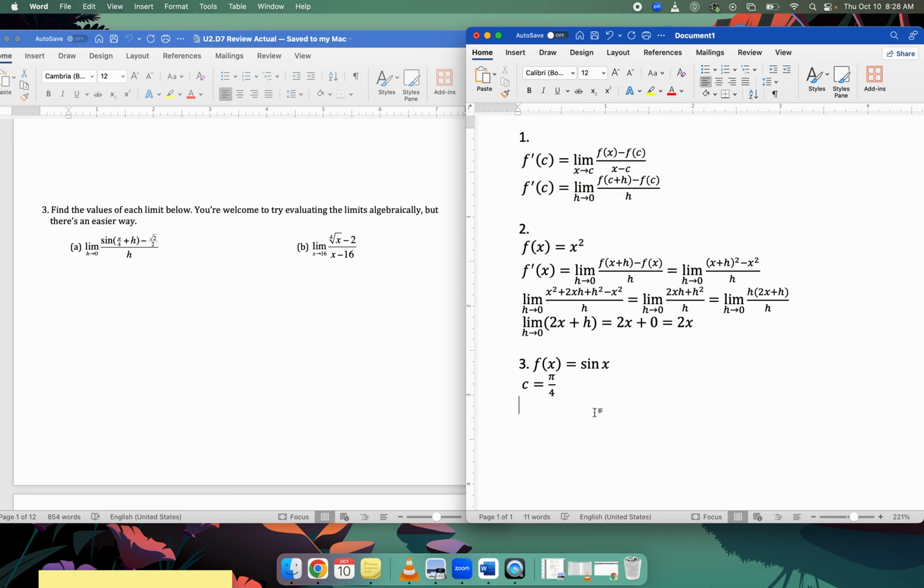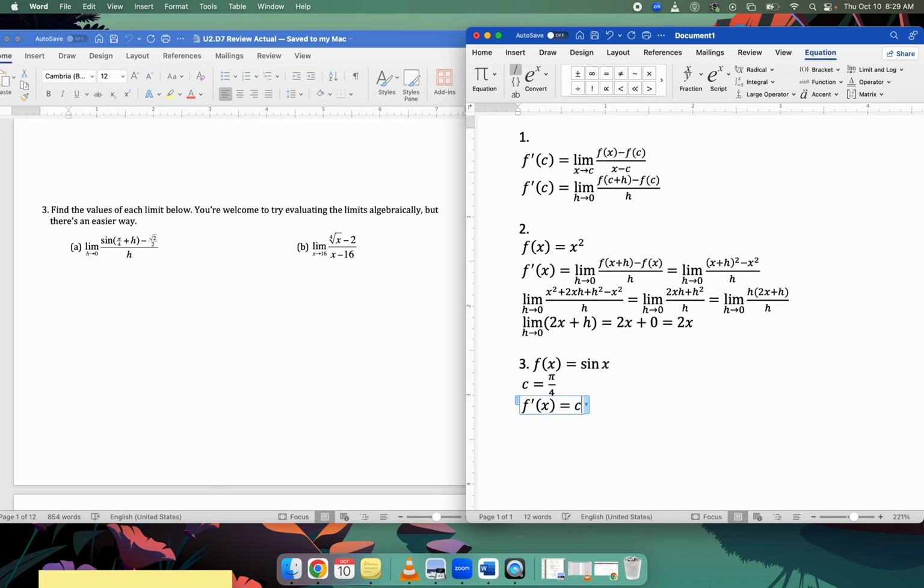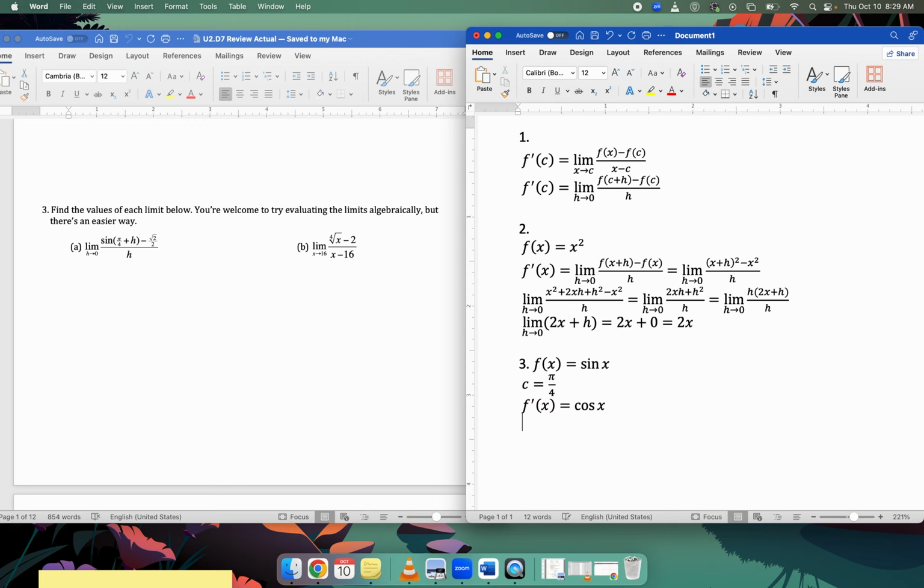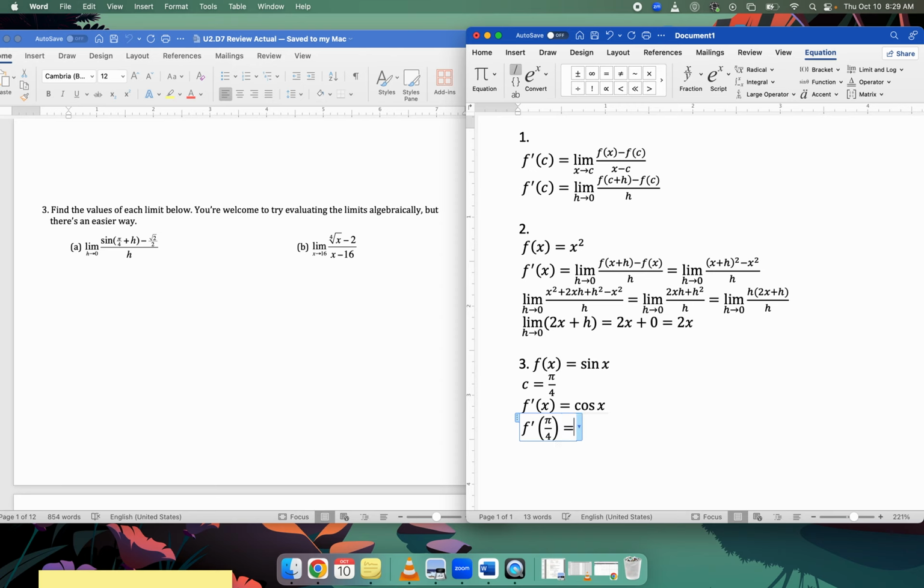I know the derivative of sine of x in general is cosine x. Therefore, the derivative at pi over 4 specifically is just cosine pi over 4, which is square root of 2 over 2. Okay?